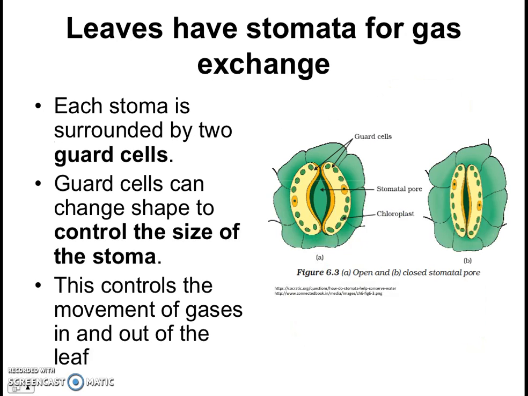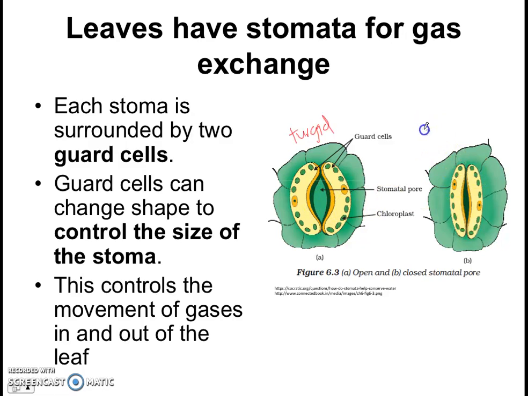And when we look closer at the structure of the stomata, we saw that every stoma is surrounded by two guard cells. And these guard cells can actually control the size of the stoma. So when the guard cells are turgid and expanded, the stoma is open, quite large.